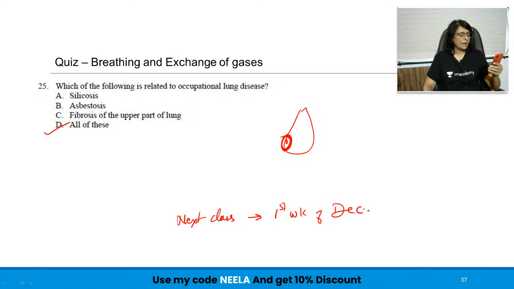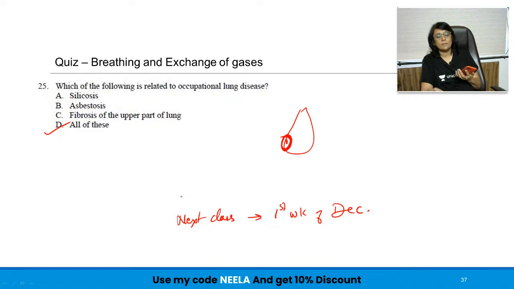We will see, but I'll share my timetable before that, and hopefully we'll be able to take morphology. And from the first week of December, I'm hoping that we will be able to start some module on the plus program also. That also I have to decide.